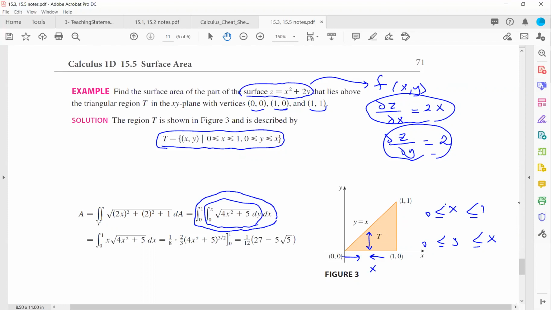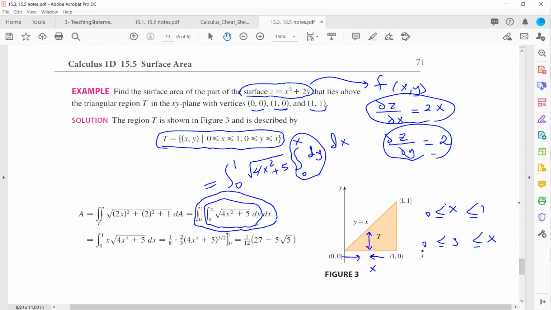Very well. So the square root of 4x squared plus 5, you can actually take this and write it outside the inner integral. So this is the integral 0 to 1, square root of 4x squared plus 5, integral of dy, 0 to x, dx.